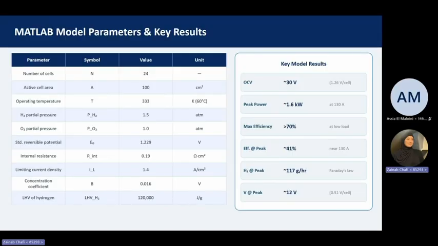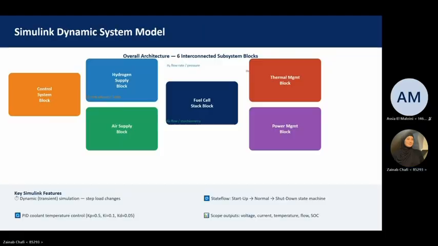So moving on to the slide talking about the Simulink dynamic system model. Unlike MATLAB, which provides steady state calculations, Simulink allows us to study how the system behaves over time. Our model consists of 6 connected blocks: the control system, hydrogen supply, air supply, fuel cell stack, thermal management, and power management.